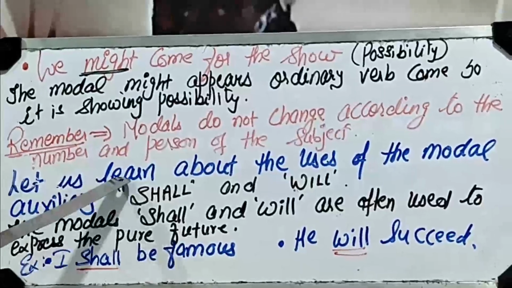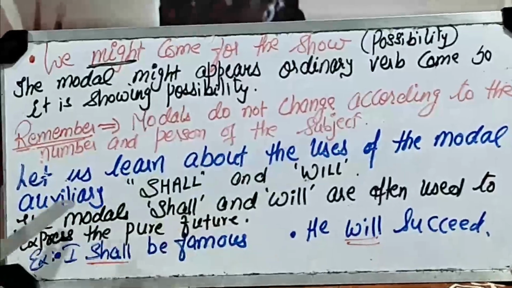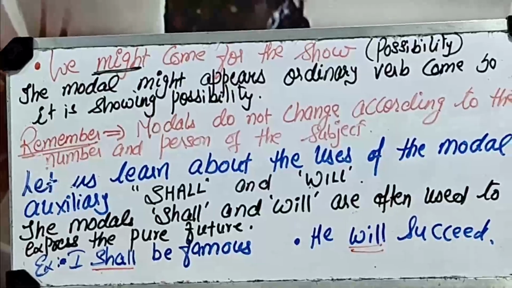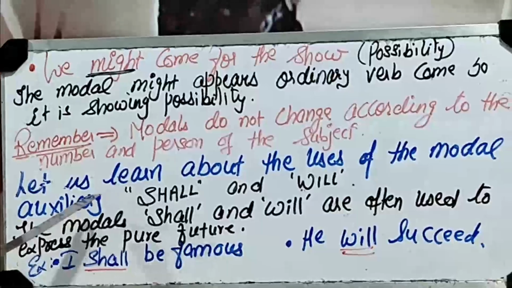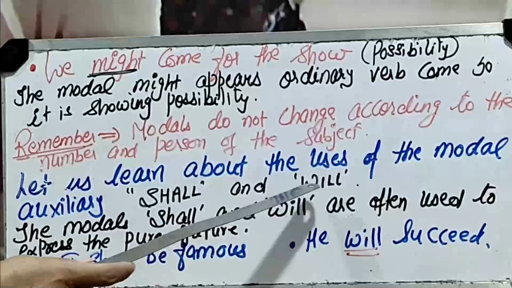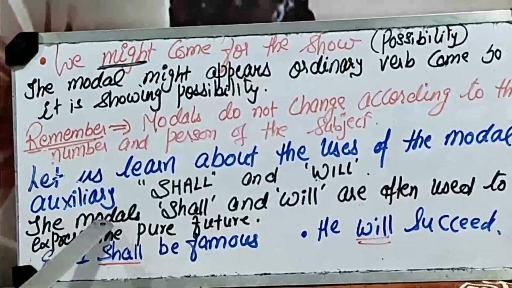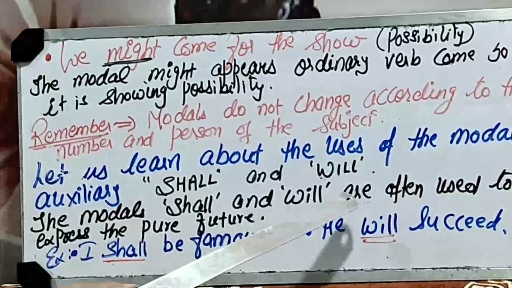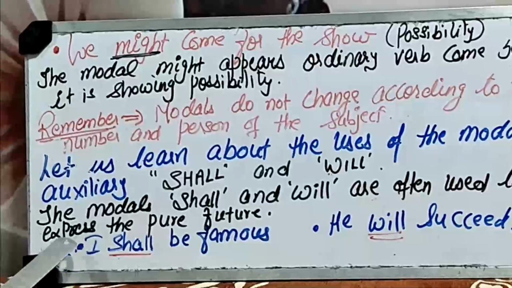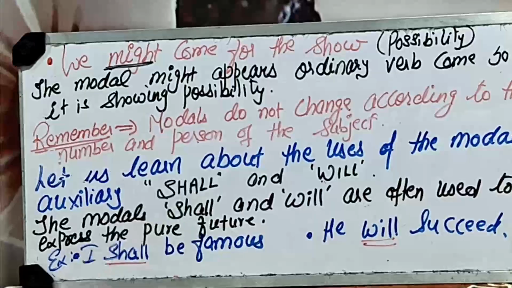Now we will learn about the uses of modal auxiliaries. Shall and will. Where do we use shall and will? The modals shall and will are often used to express the pure future.